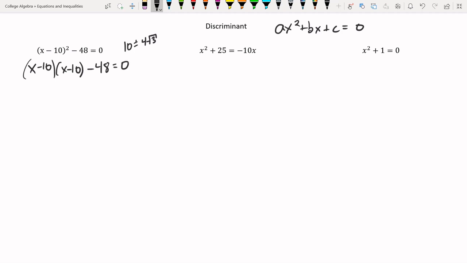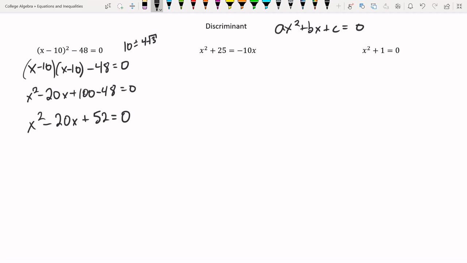Doing the FOIL gives us x squared minus 20x plus 100 minus 48 equals 0. That's just doing the FOIL method faster. Combining like terms gives us x squared minus 20x plus 52 equals 0.